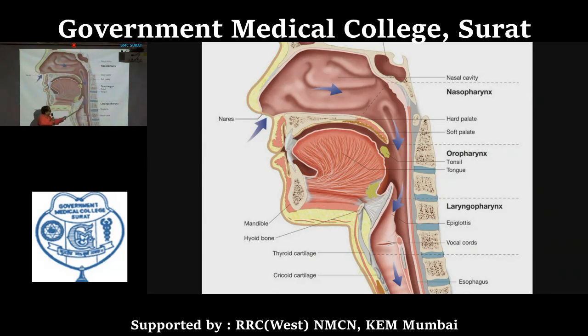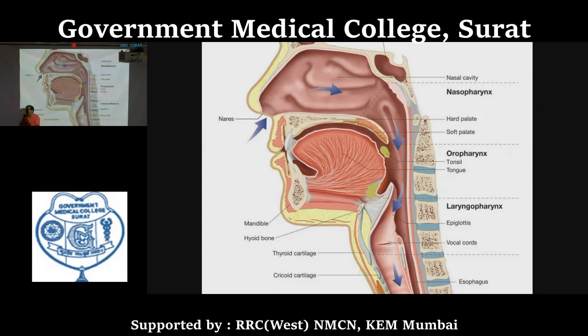Here anyone can observe that initially this part communicates with the laryngeal cavity, that is the laryngeal inlet, and posteriorly it is related to the cervical part of the vertebral column. Now this is the sagittal view.